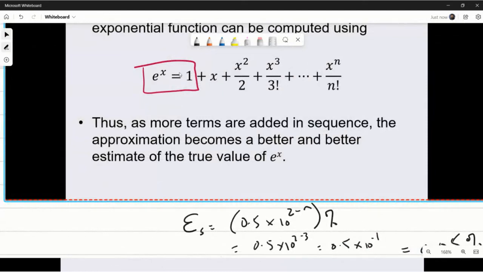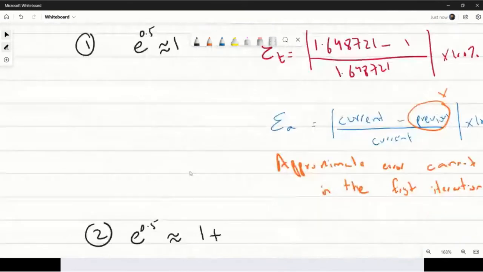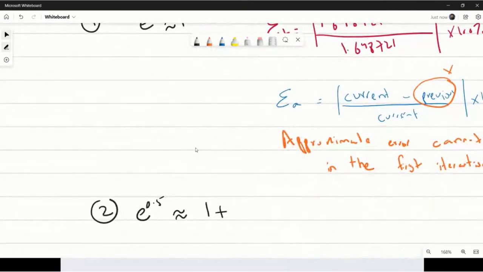So we need to add one more term, which is 1 plus x. And x, of course, we know is 0.5, so it is 1.5.